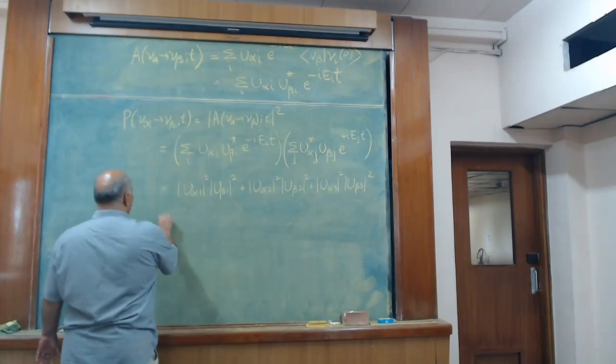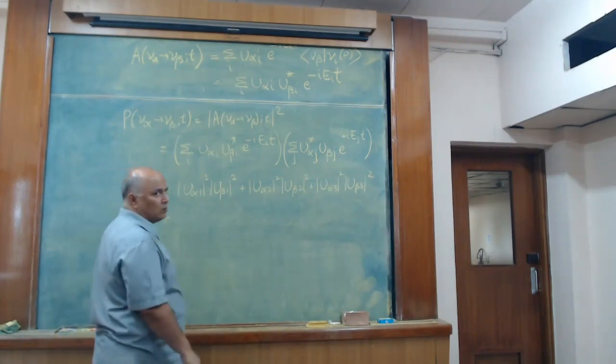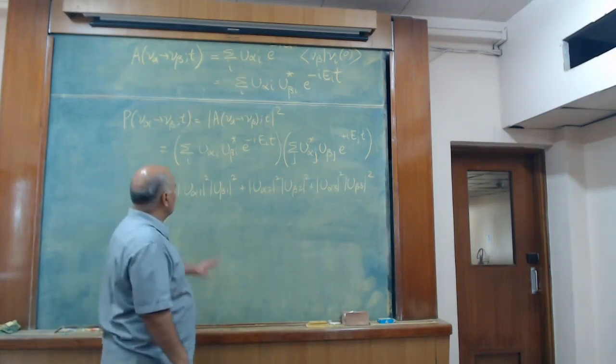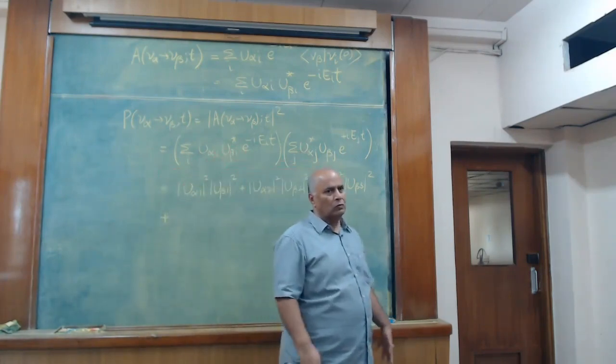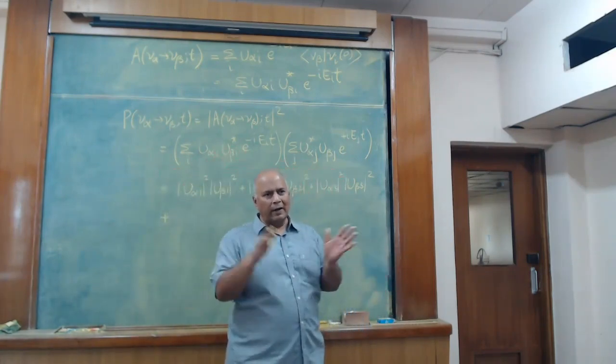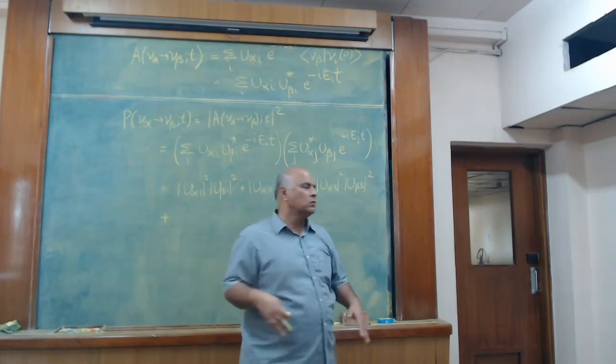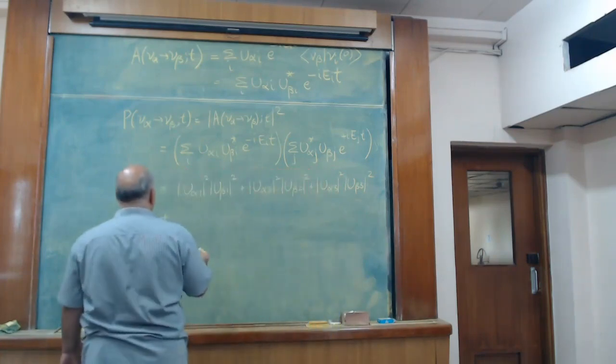And now the cross terms. So I take i equal to 1, j equal to 2, and then I take it along with, or let me just write it down.